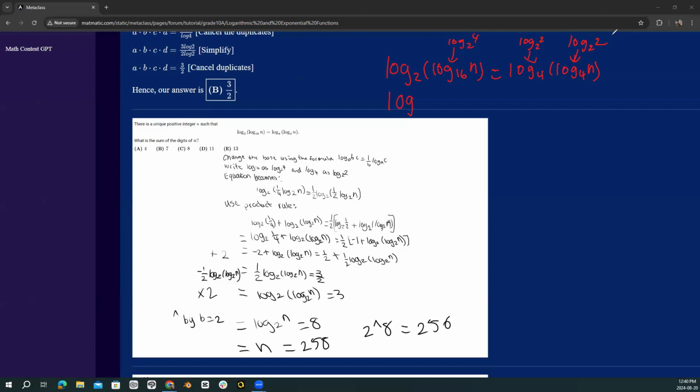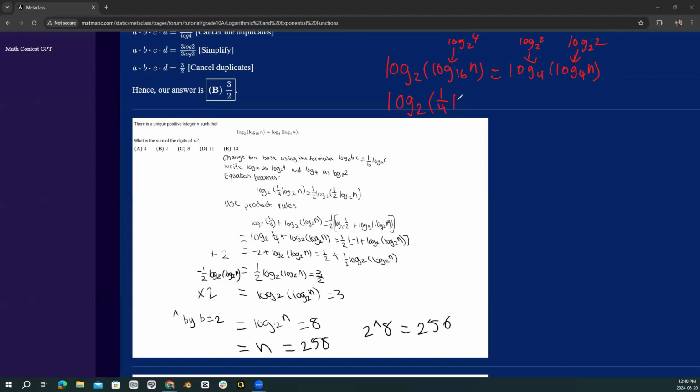So now that we've converted these, we can input them into this formula here, which would be log 2 of 1 over 4, because it says 1 over b here.